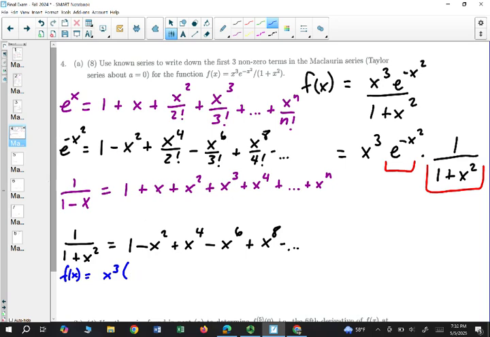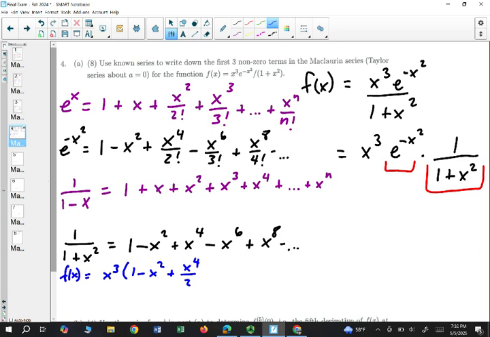So that's our 1 minus x squared plus x to the 4th over 2 factorial. And we could already go ahead and evaluate 2 factorial as 2.